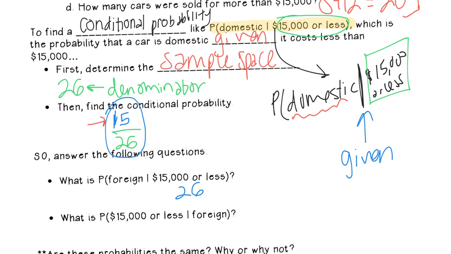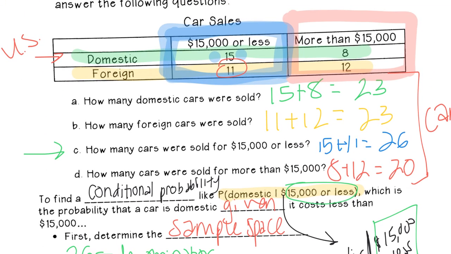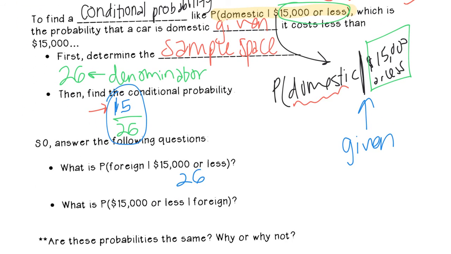So we completely eliminated this side of the chart. We don't need it because we're only concerned about this 15,000 or less. So given that it's $15,000 or less, we know that the foreign number is 11. So my conditional probability is 11 over 26.